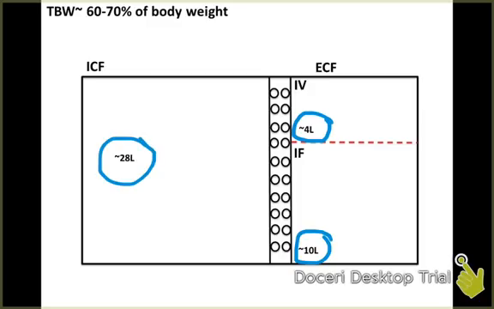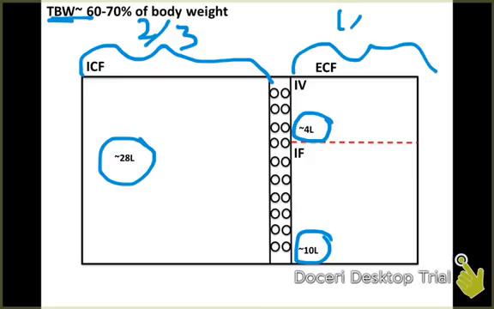But far and above, we have 28 liters of fluid in our intracellular fluid space. Okay? And the reason that's important is because this makes up a good 2/3 of that total body water that we're discussing. And this makes up about 1/3 of that total body water. And of this, 1/4 of this 1/3 part makes up your intravascular fluid space, and then 3/4 of this extracellular fluid space is made up by your interstitial fluid space.